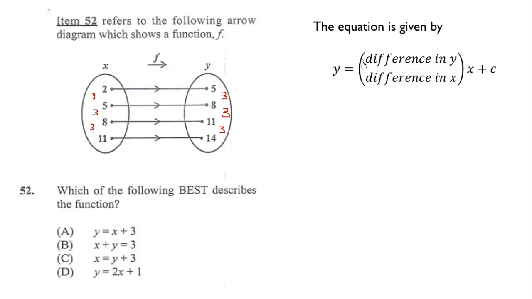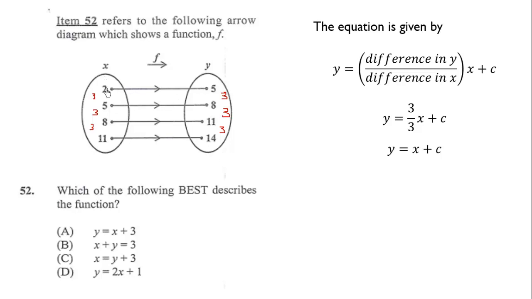So it means we have 3 over 3 x plus c, which is the same as y equal x plus c. Now at this point, any of these pairs should satisfy this, so that we can find the value of c. So we can pick (5, 8), (8, 11), (2, 5), or (11, 14).